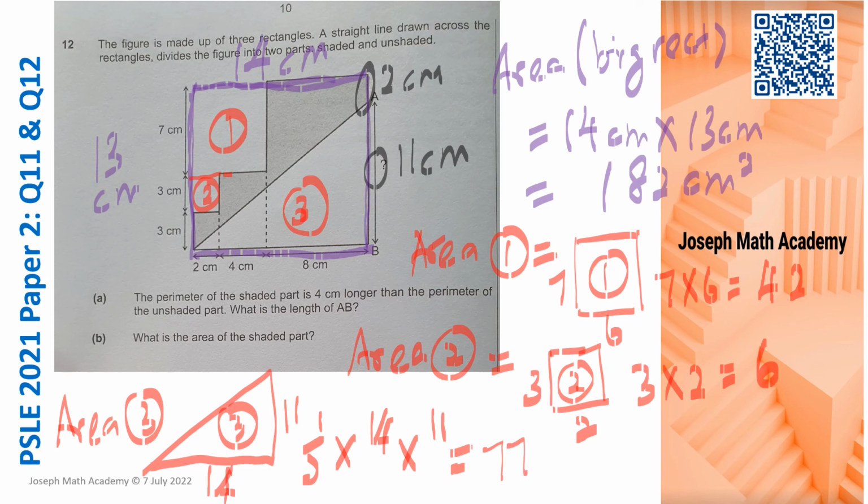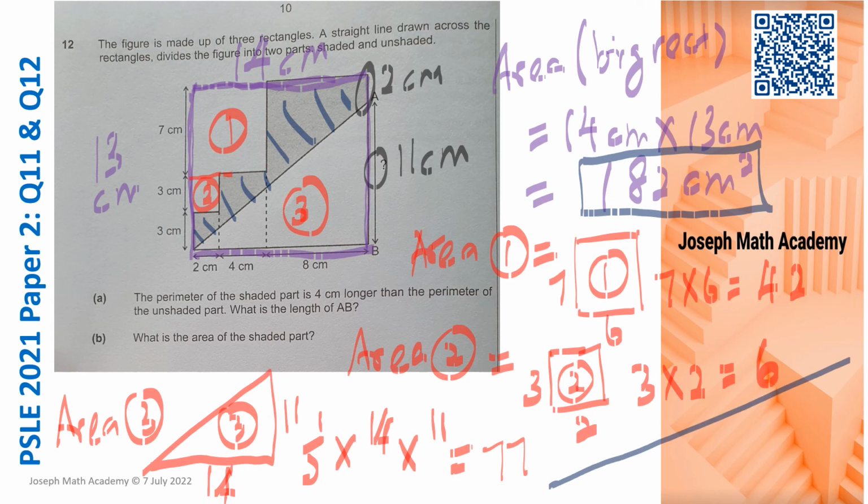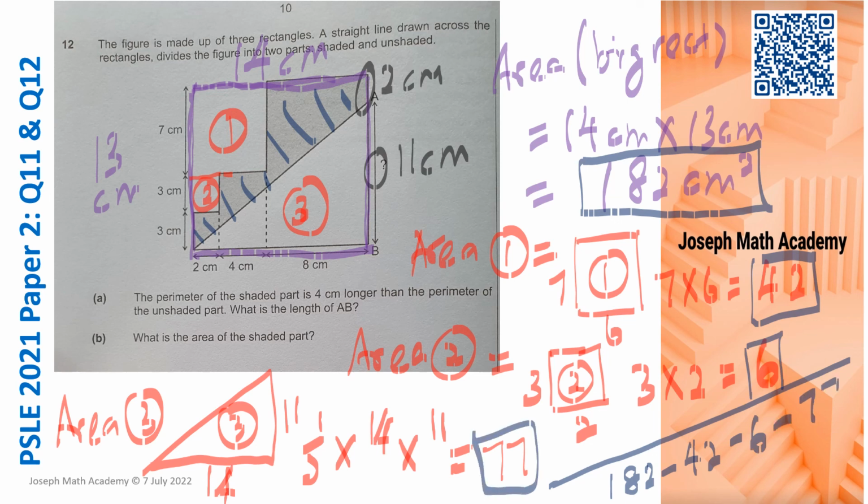To find the area of the shaded part, this part here, what we need to do is take the big rectangle, which is 182, subtract 42, subtract 6, subtract 77, and this gives us 57.